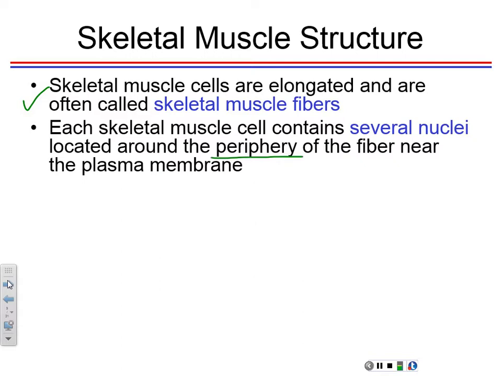interlaced actin thin filaments and myosin thick filaments, if we had a nucleus in the middle of all that network, it wouldn't work properly in terms of them sliding past each other, nice and smooth. It just won't work. So for the nuclei to be out of the way, they are on the outside. They are on the periphery. Okay. So in the exam, if I was to ask you why is it that the nuclei in the skeletal muscle fibers are located on the periphery or on the outside, you would say?